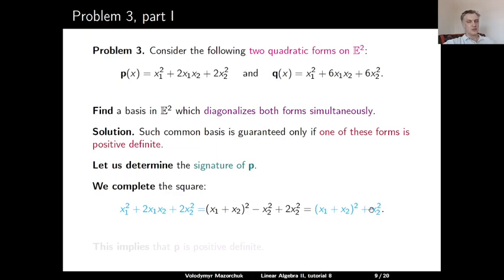We have now the sum of two squares with positive coefficients. This means that the form P has signature 2, 0 and hence is positive definite. Great, so the form P is positive definite, so this problem is solvable. So now let's solve it.